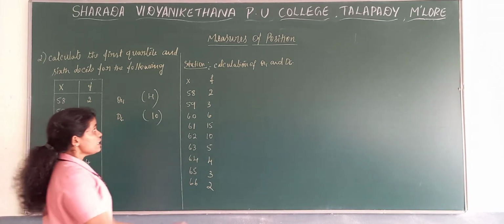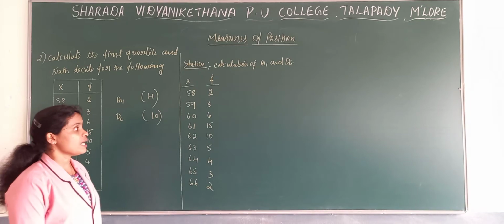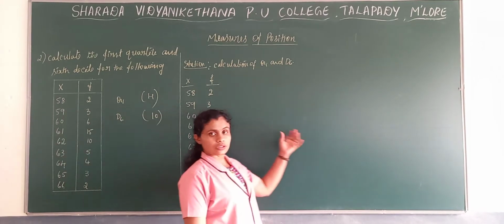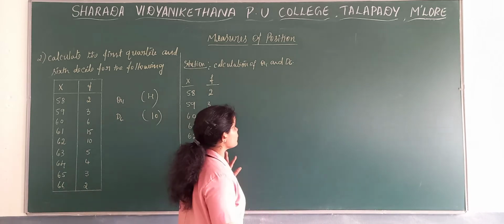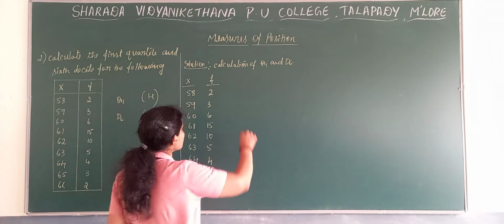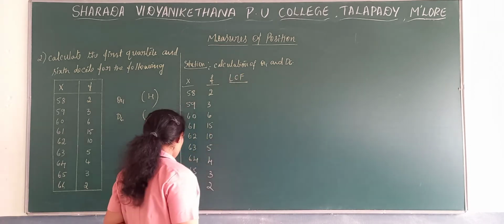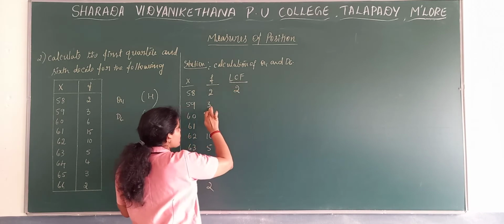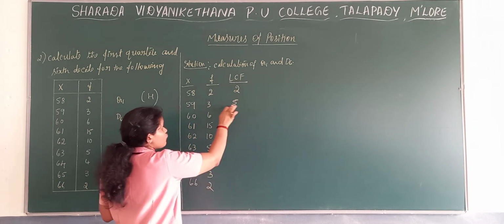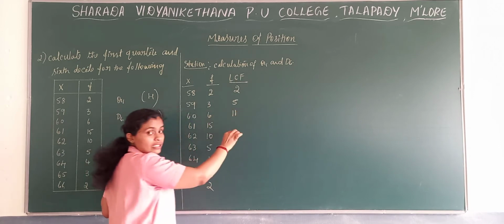Now, in the case of quartiles, deciles and percentiles, as I said, the procedure is similar to what we have done in the case of median. So firstly we need to find the less than cumulative frequencies, LCF. How to find LCF? The first one is 2. 2 plus 3 is 5. 5 plus 6 is 11.